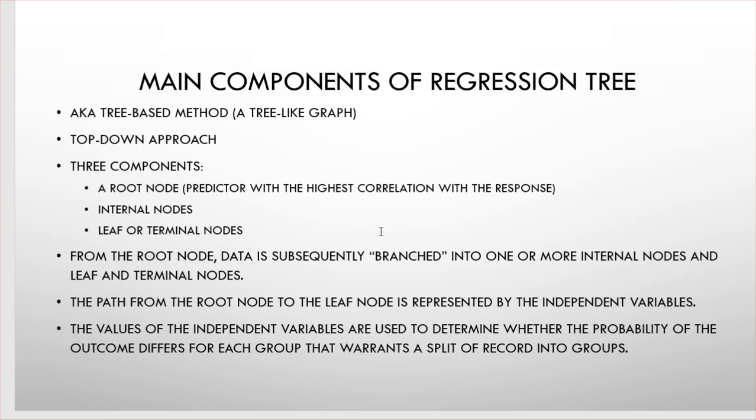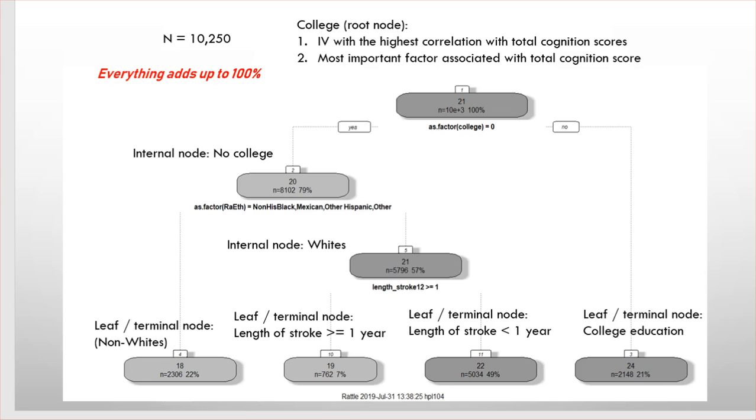It is a tree-based method using a top-down approach to make predictions. And here are the different subsegments of the dataset, and a model is fed into the different subsegments of the same dataset.